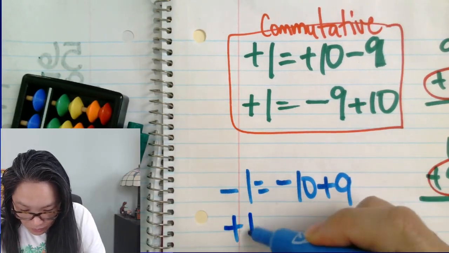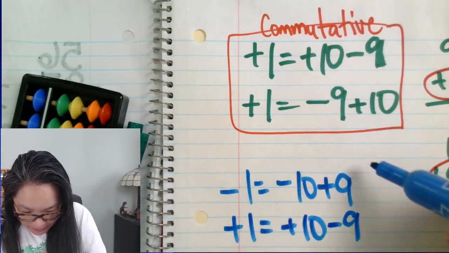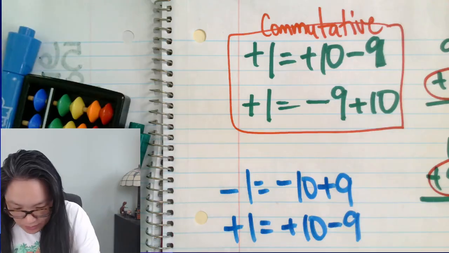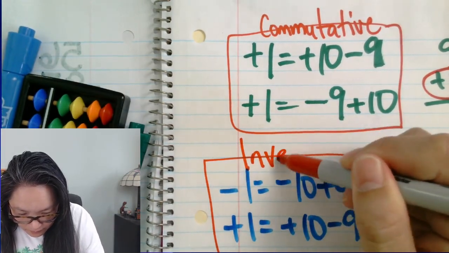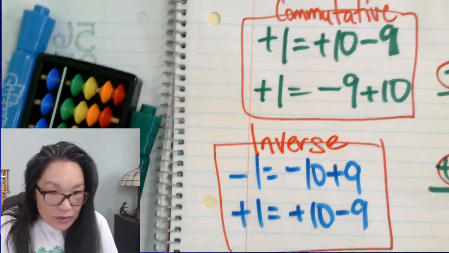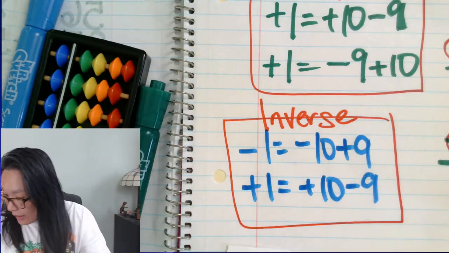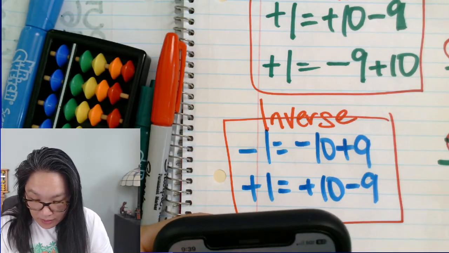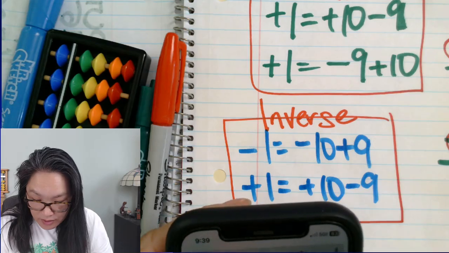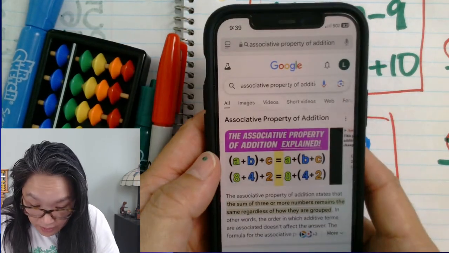So minus the 1 is equal to plus the 10 minus the 9. So this would be inverse. Wouldn't that be inverse, because they're opposite? Is that correct? I don't even know if I'm using it right. Now I got to look up the associative property.